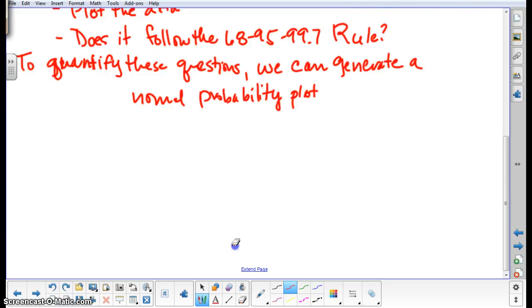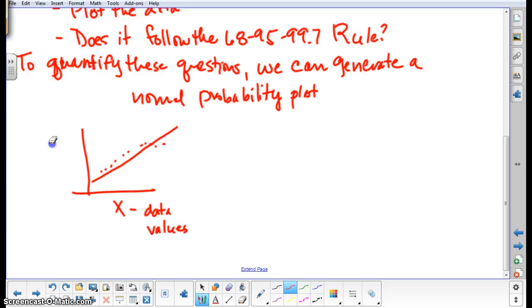A normal probability plot is going to have a bunch of dots on it, and a best fit line through it. The x values are going to be your data values, and the y-axis is going to be expected z-scores.